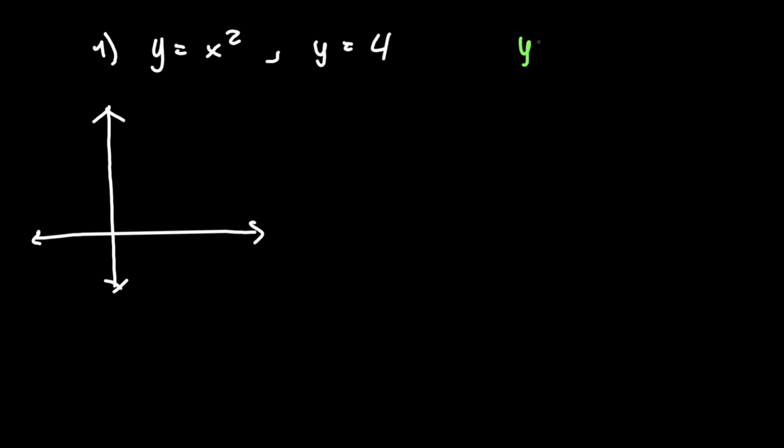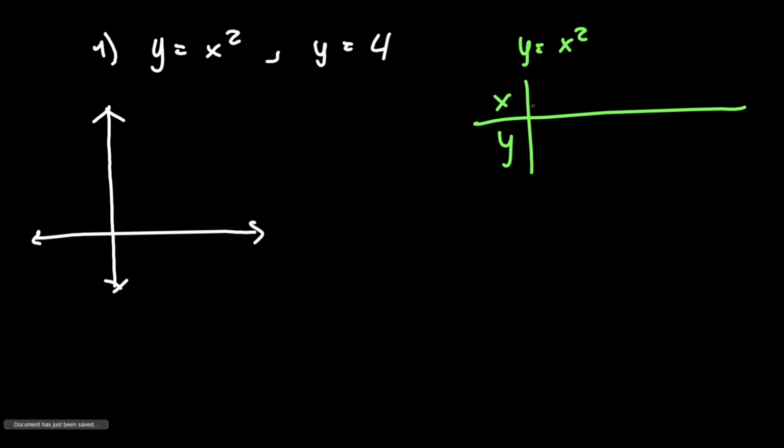This is y equals x squared. Using the table method, just put random simple values of x, such as -2. If x here is -2, -2 squared would be +4.